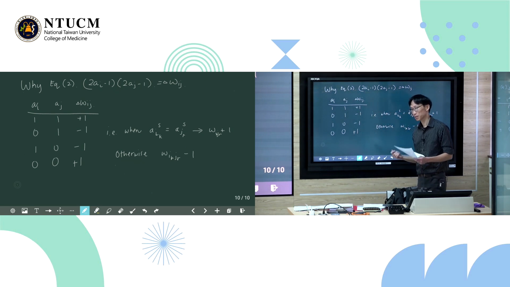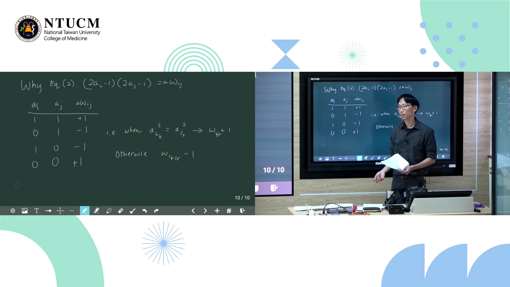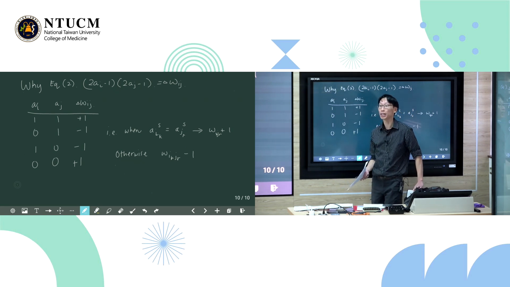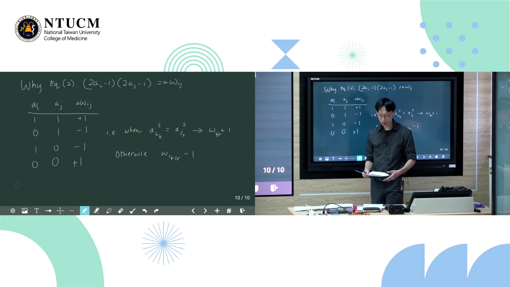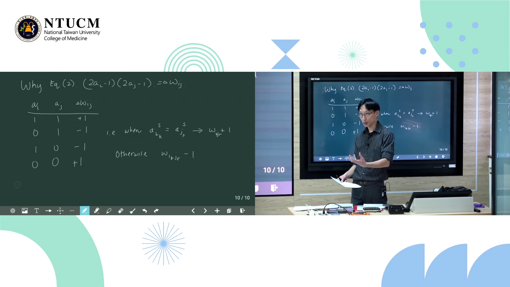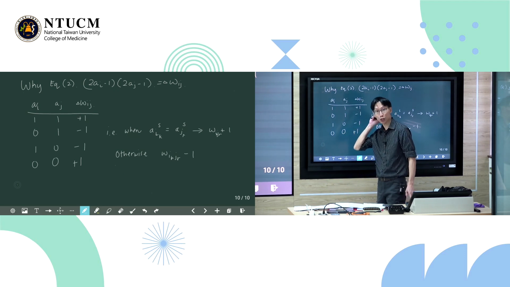When the two nodes' states are the same, increase the weight. As long as one of them is different, decrease the weight. And when the two nodes' states are the same, doesn't mean that it must be active. It could be both inactive as well, but they are the same. They are equally inactive. So that will be considered the same state, and I want you to increase that piece of information. But if they are different, then I want you to decrease that piece of information.